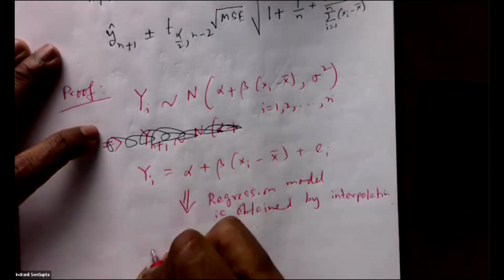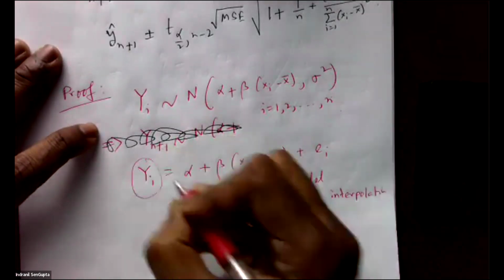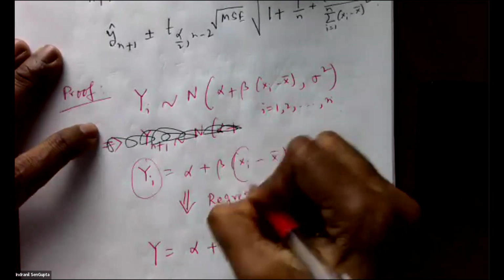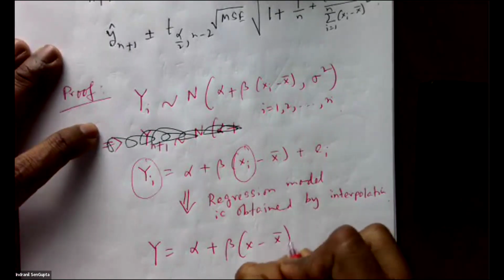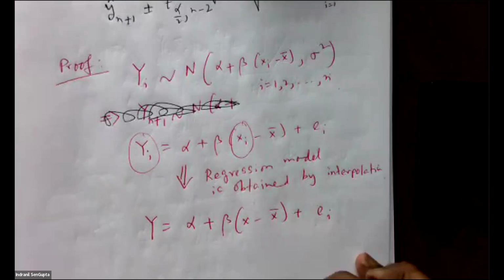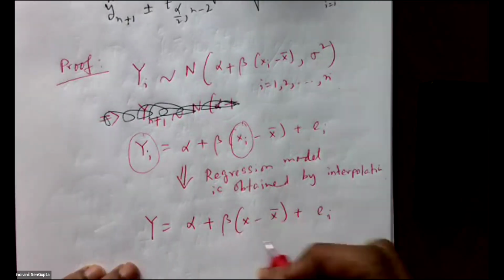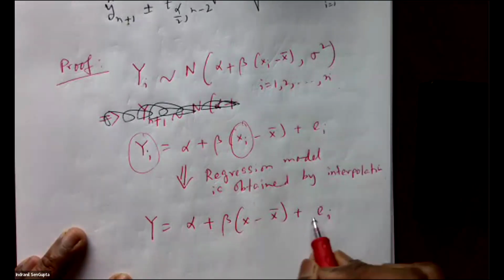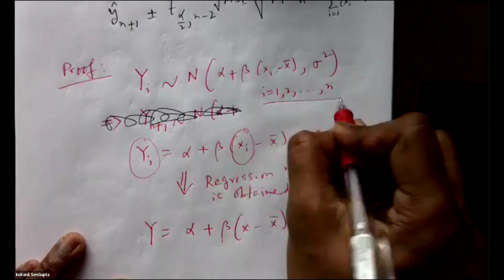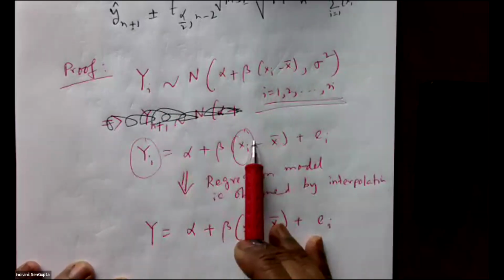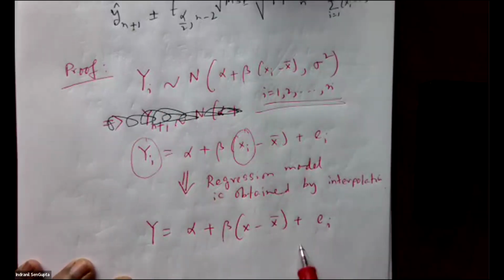After this, we simply write y instead of y_i, and alpha plus beta (x minus x bar) plus e instead of x_i. Essentially, we are assuming that previously it was true for x1, y1, x2, y2. So it was true for those. Now we are interpolating this.